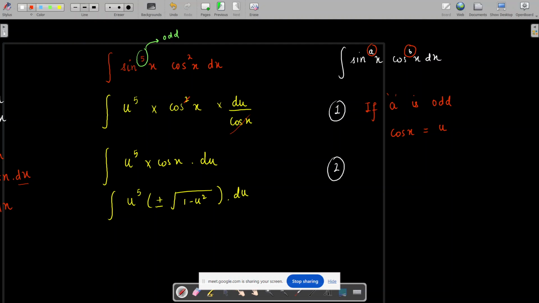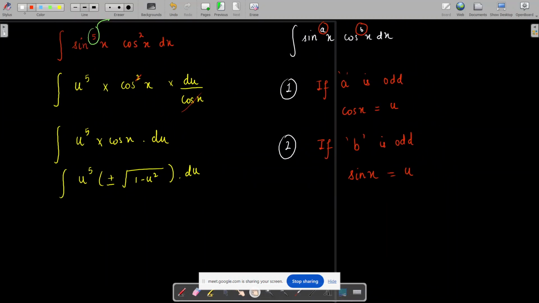Second case, if the power of cosine is odd, that means if b is odd, then we take the substitution sine of x equals u.